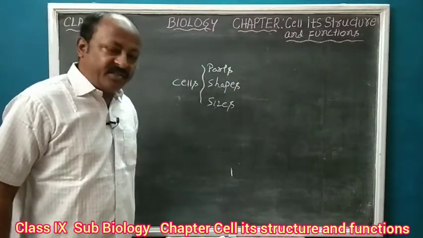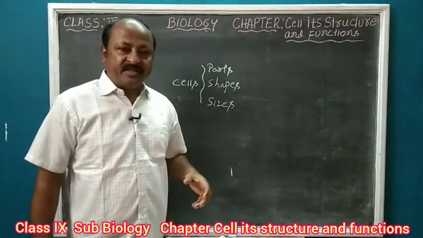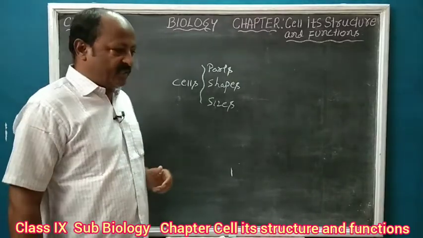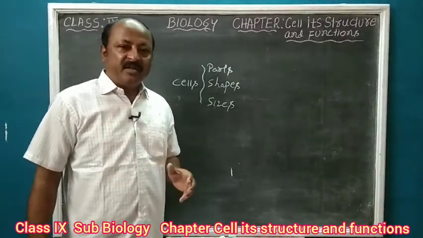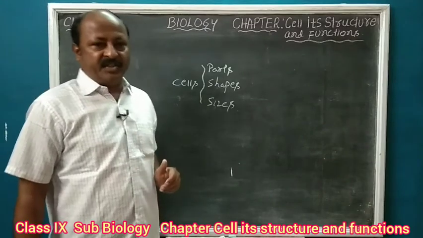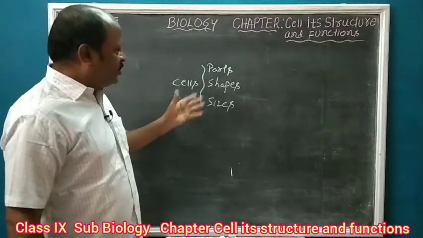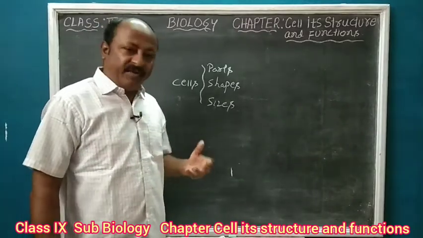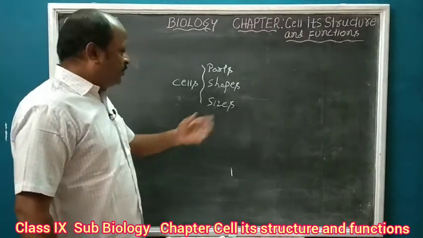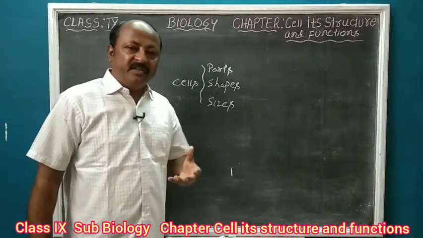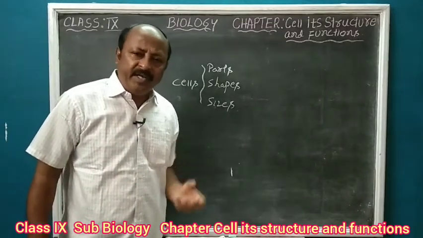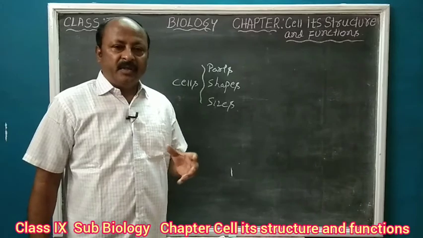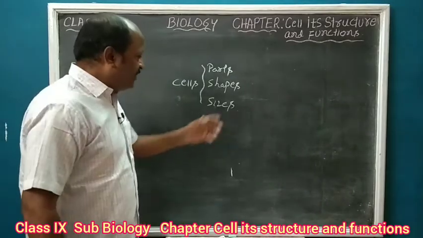When we talk about the parts, in plants we have plastids, but animal cells do not have plastids. The shapes are different, and the sizes differ from very small to bigger ones.